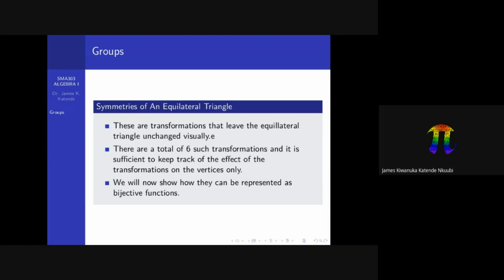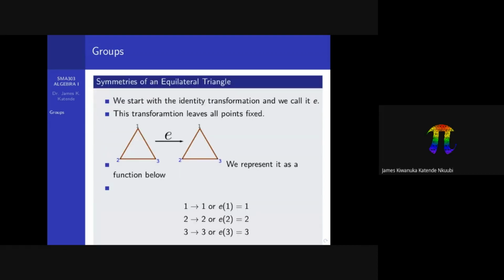So the assumption here is that there are no labels at all on it, it's completely plain, and therefore you're looking for the transformations which would guarantee that you will not notice that it has moved if it was on your table. You may have covered some of these in SMA305, so it's just a good reminder.